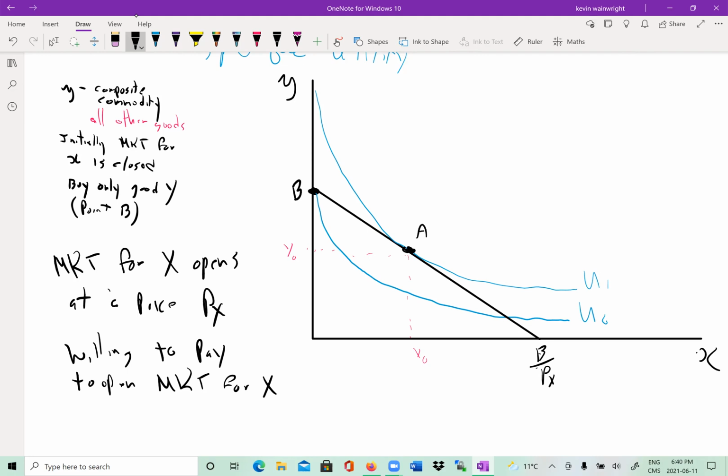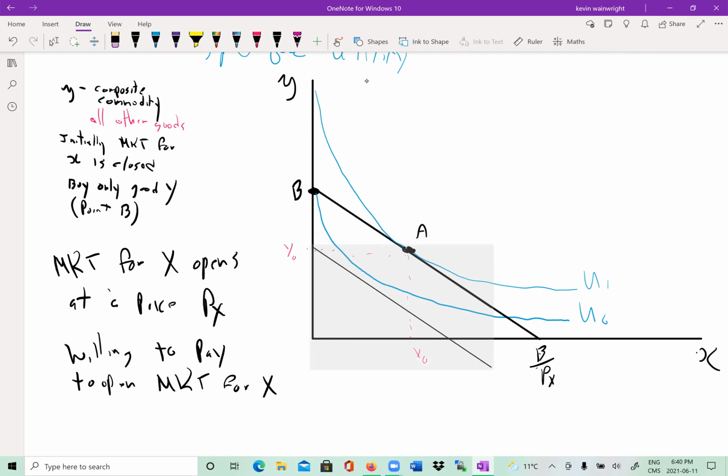Well, let's consider that initially the price of X, the market for X opens, and I go to point A. And my utility jumps from U0 to U1. So if I was to pay money to get the market for X open, it would shift my budget line down as I paid to get the market open.